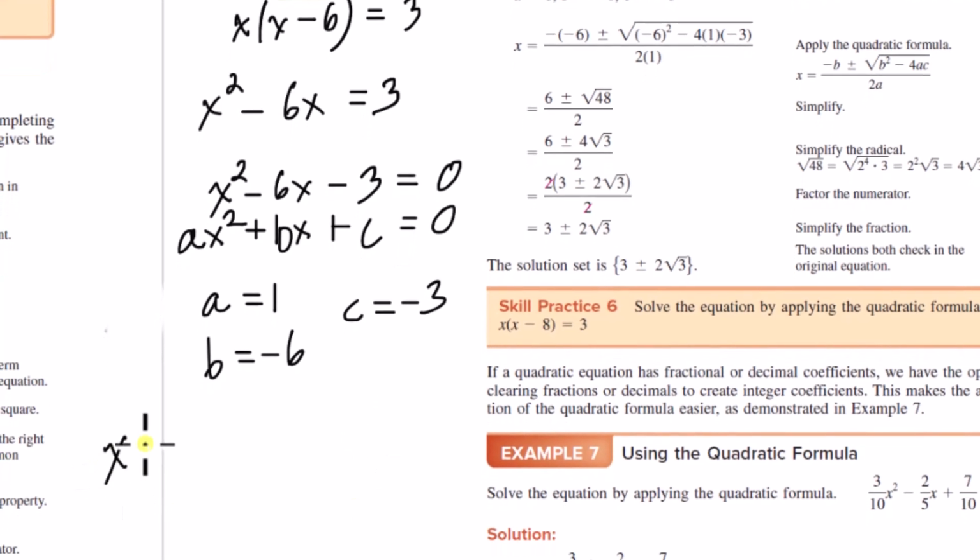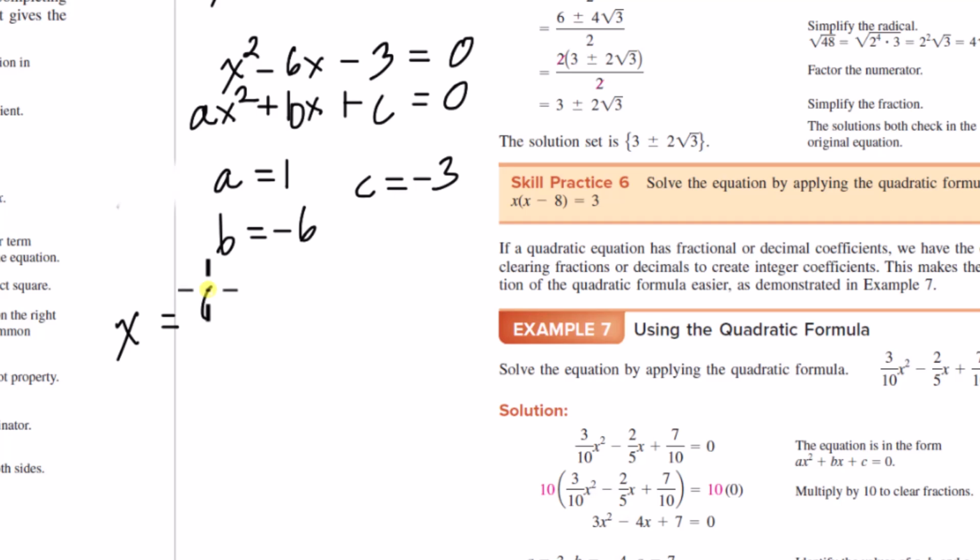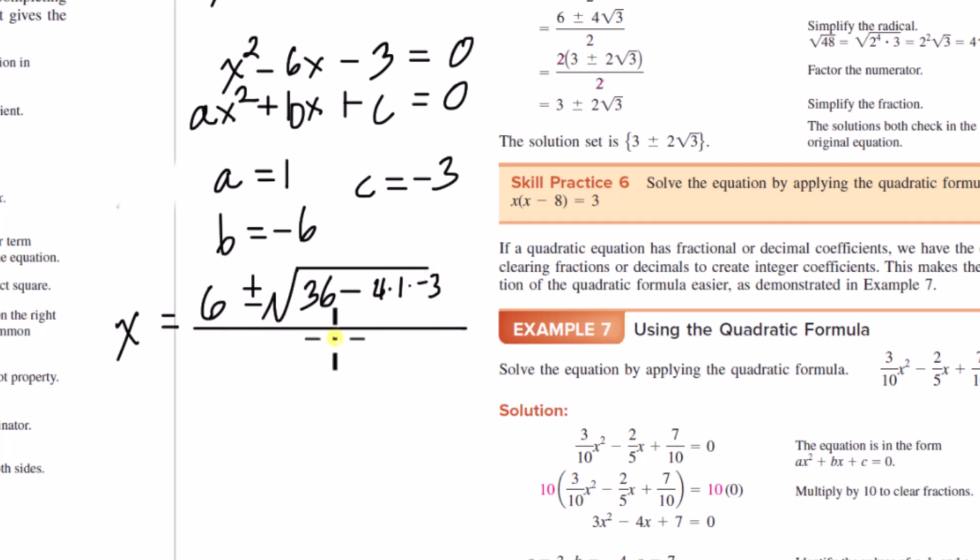So the quadratic formula gives us minus b, so we're going to get 6, plus or minus, and then b squared is 36 minus 4 times 1 times -3, all over 2 times 1.